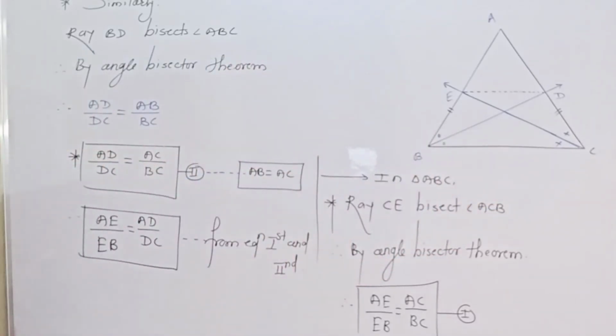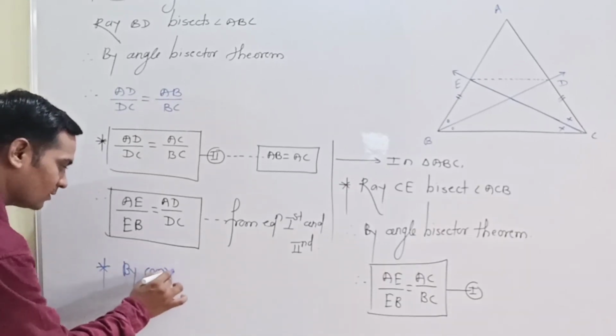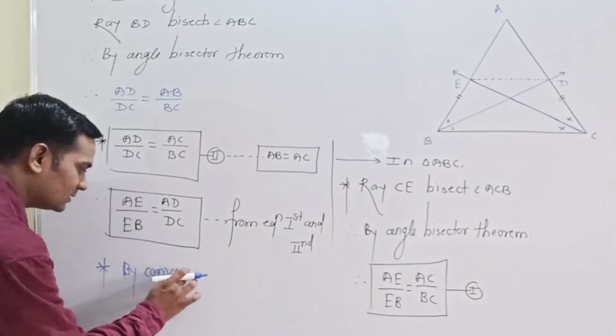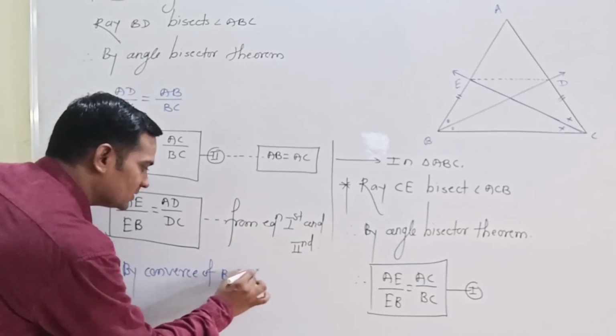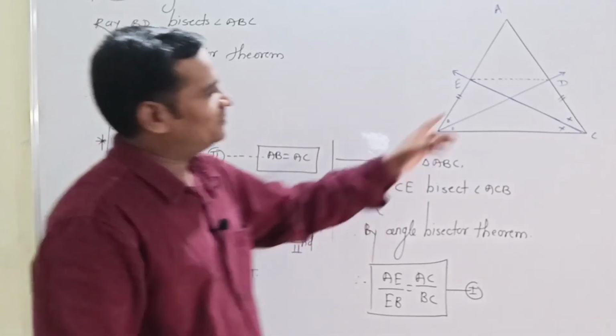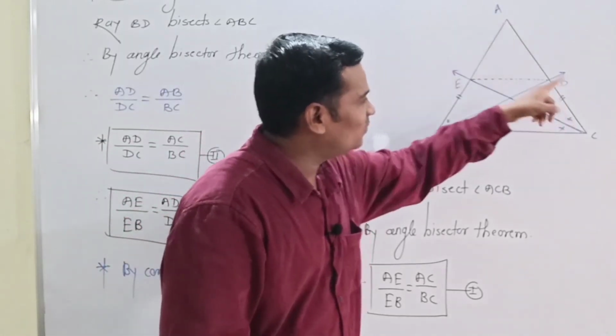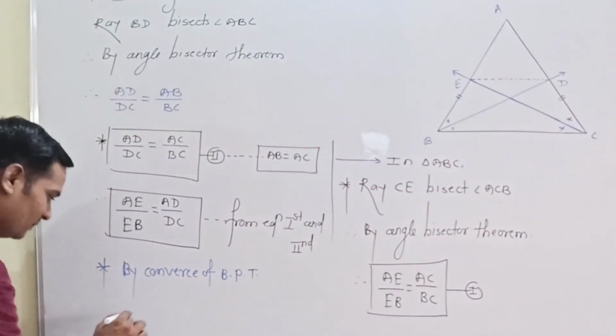That means now, therefore, by converse of basic proportionality theorem, what will be there? If these two ratios are equal, then this line AD will be parallel to the BC.